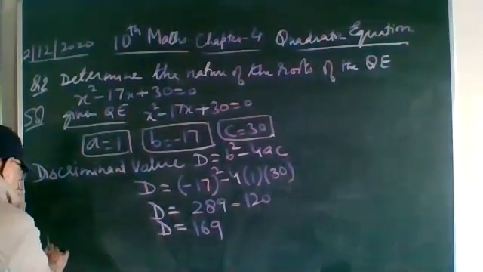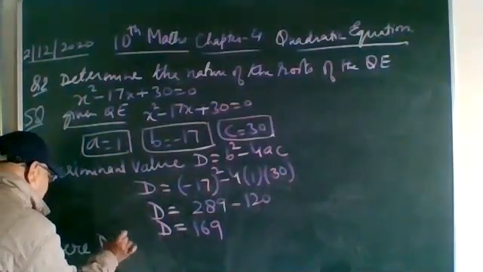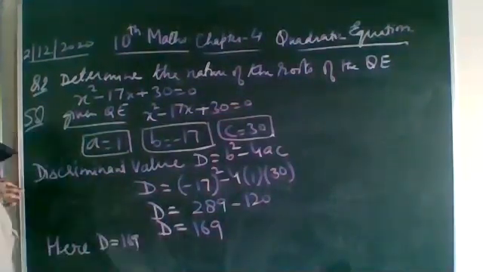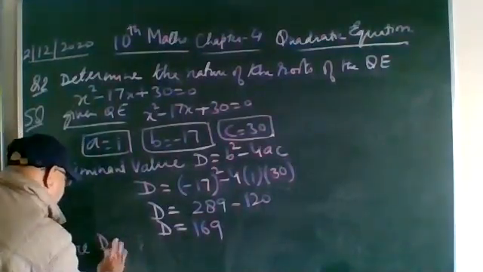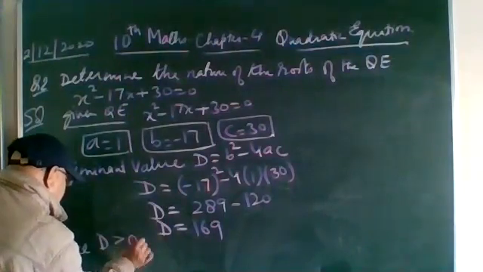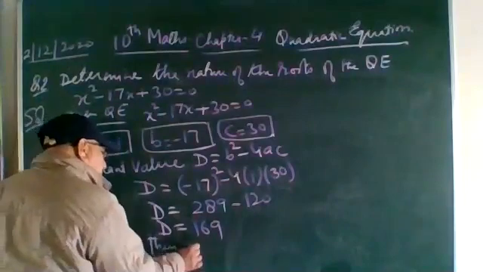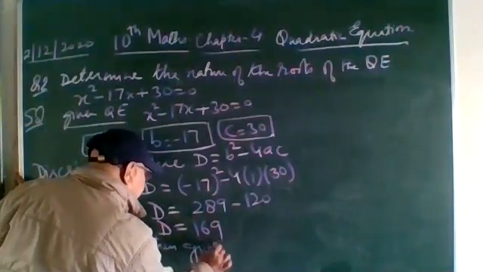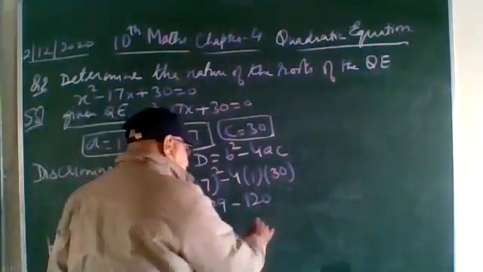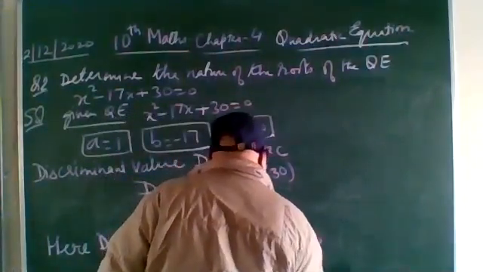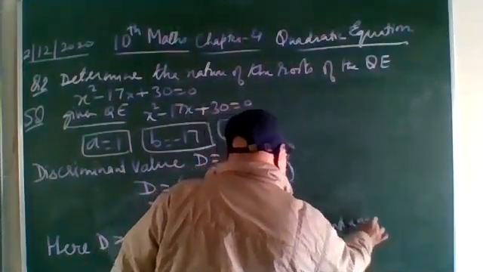Here you will write: D equal to 169, or you will say D is greater than 0. So the given quadratic equation has real and unequal roots.